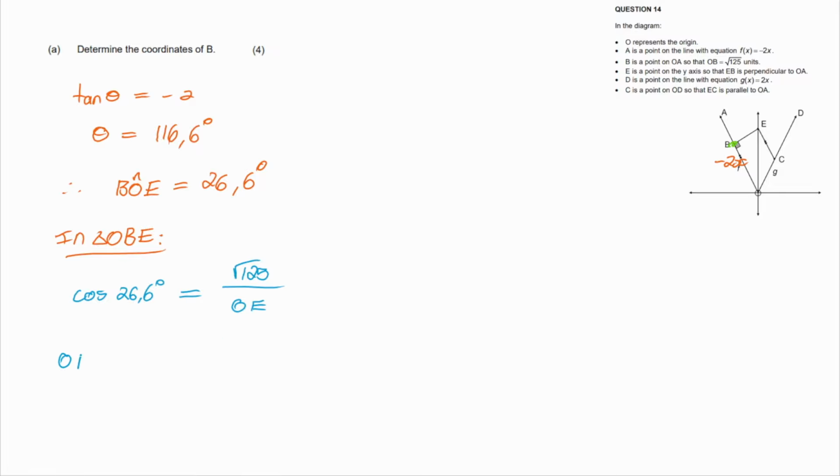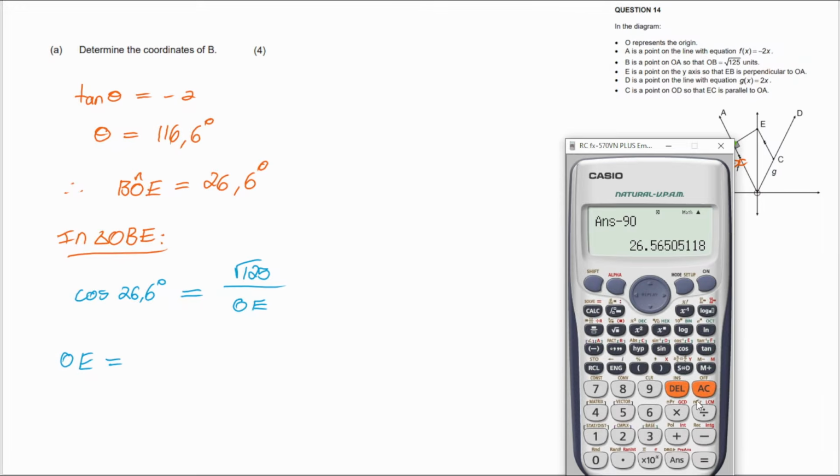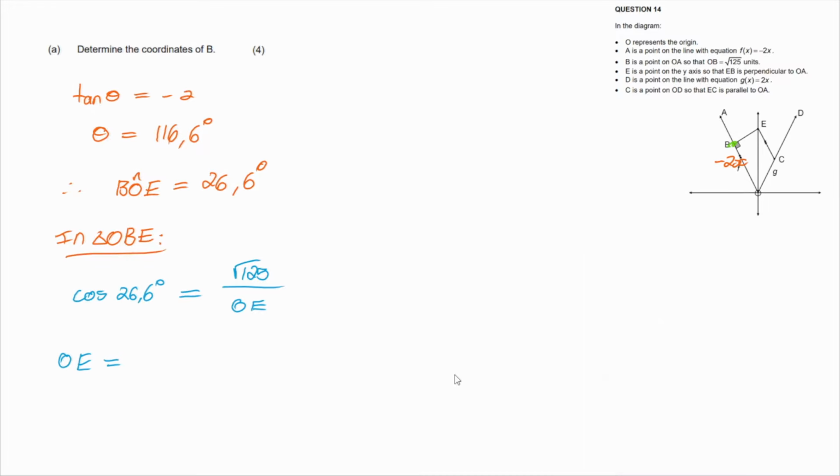So OE is just going to be root 125 divided by cos of that angle we had. So I get that OE is equal to 12,5 units.